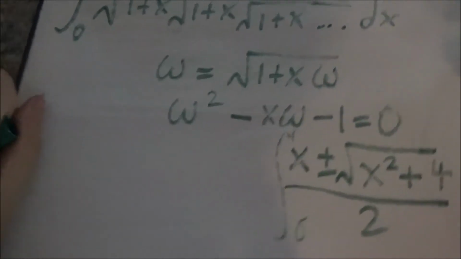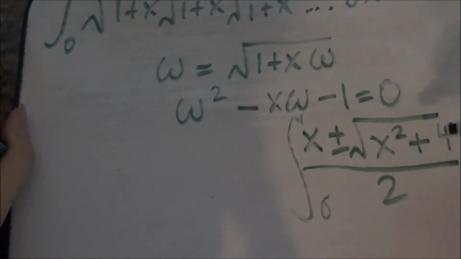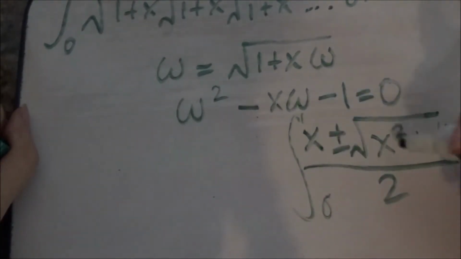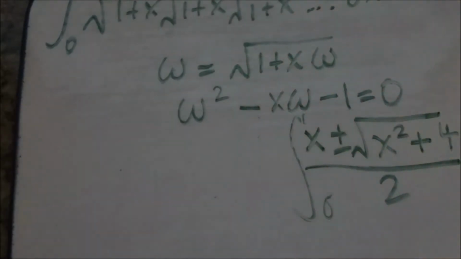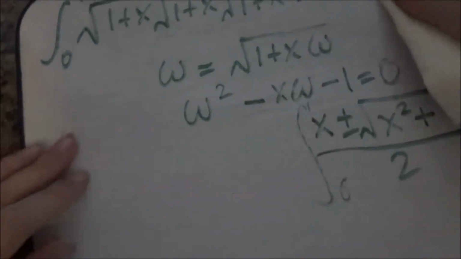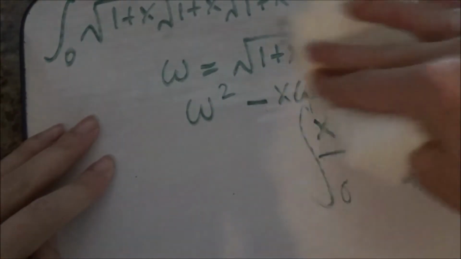Okay, so now we got that. I'm going to go ahead and integrate. This part is easy. This we might have to do trig sub. So we know this part here, but because we're going 0 to 1, we're going to be using positive.